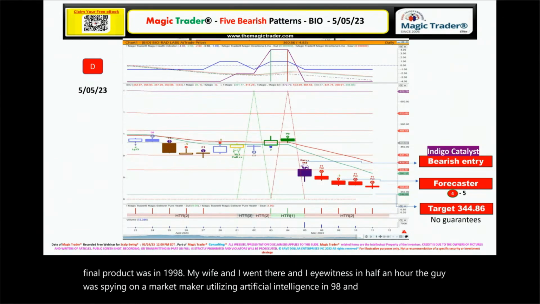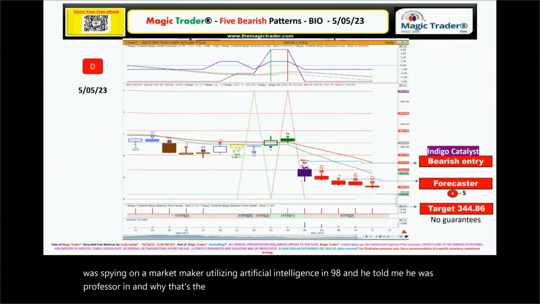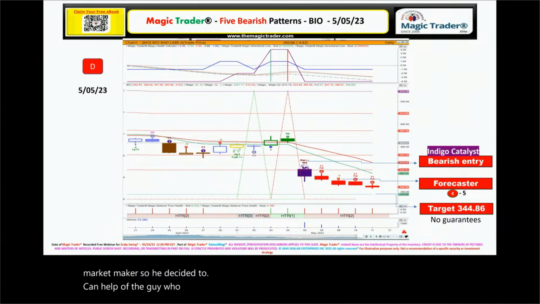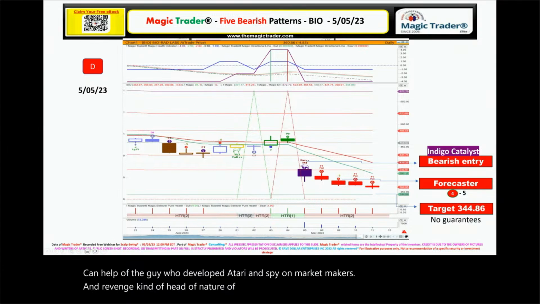He told me he was a professor at NYU. That's the closest I could tell you. He spent $40 million. His father was a market maker, so he decided to get help from the guy who developed Atari and spy on market makers, for revenge. He had a nature of revenge. He wanted to teach them a lesson for whatever reason, and I saw it in front of me.